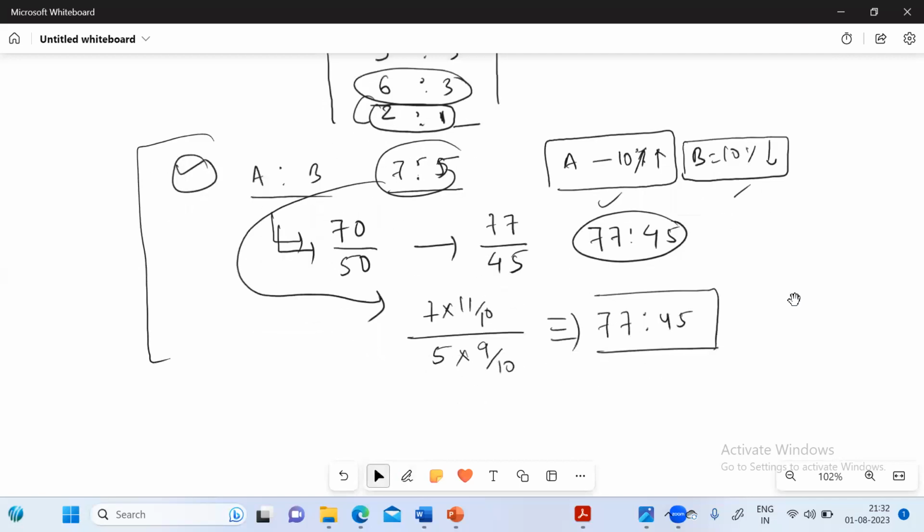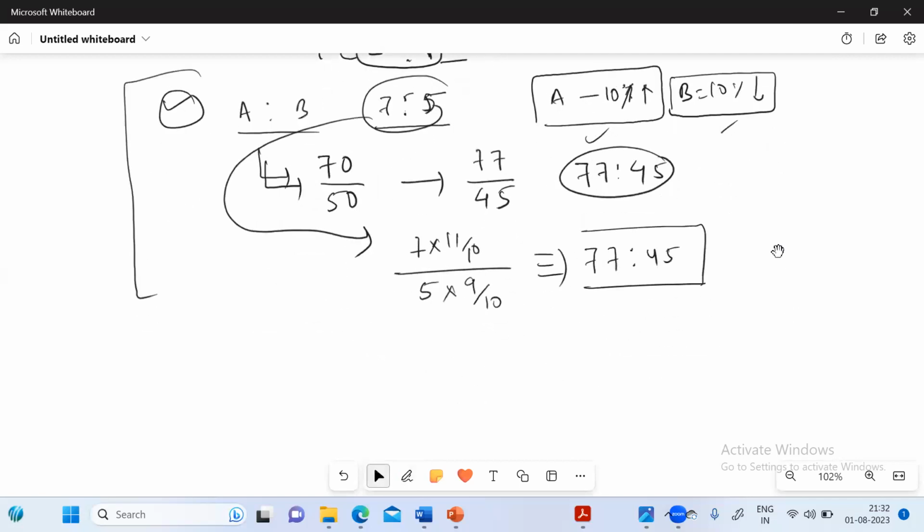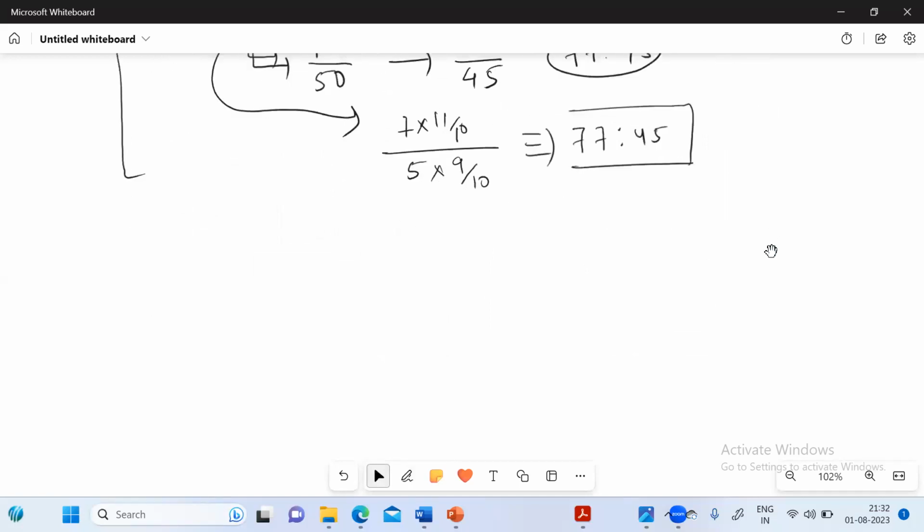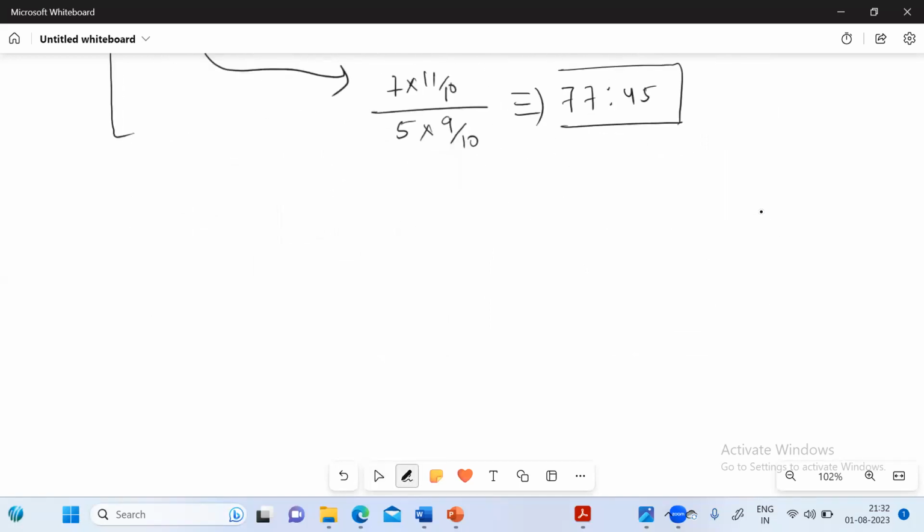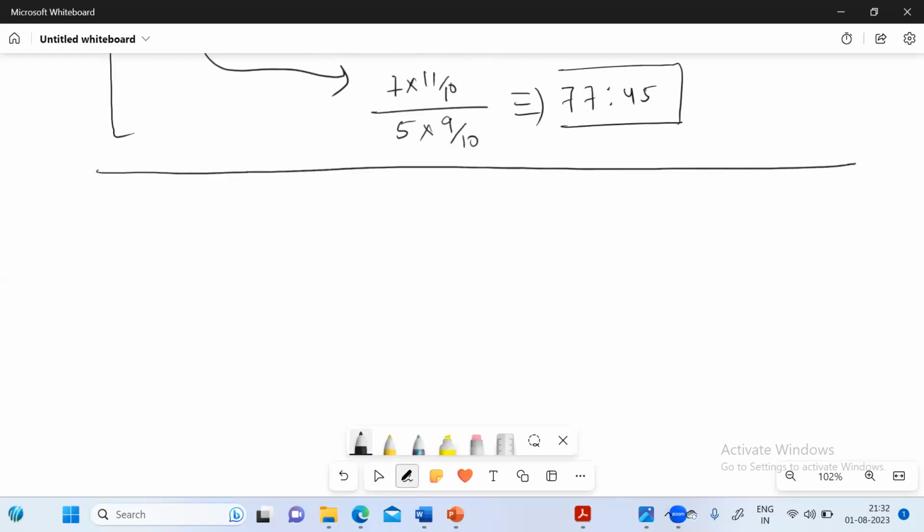So one of the very basic things that I generally ask all of you: I'll give an example of three people's salary ratio. A is to B is to C, which is 7:3:5. Let's say this is there.